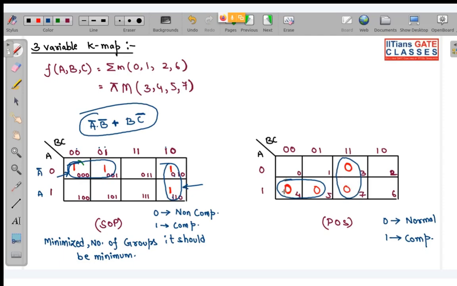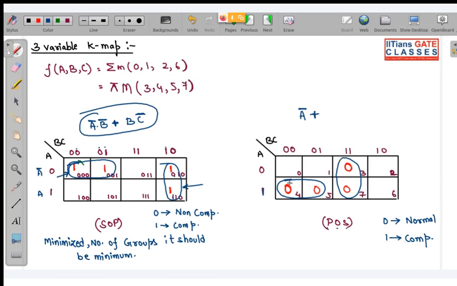Now look, how do I write the POS expression for this? 0 corresponds to normal, 1 corresponds to complement. In this you can see A equal to 1 is common, so write A complement, and from B and C, B equal to 0 is common, so complement. This is POS, product of sums. So I will be writing the sum terms. Sum terms will come from the groups and individually I will be doing the product.